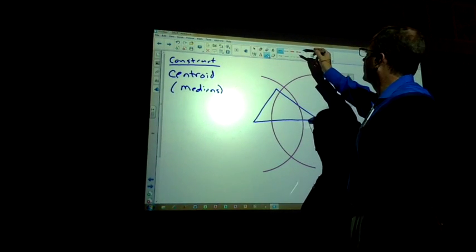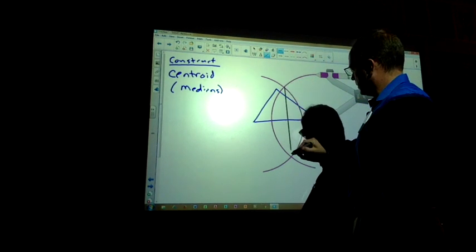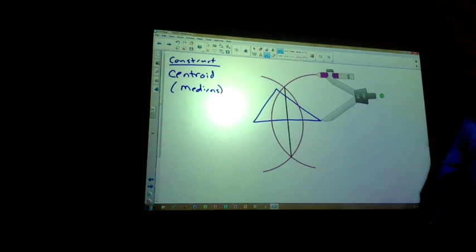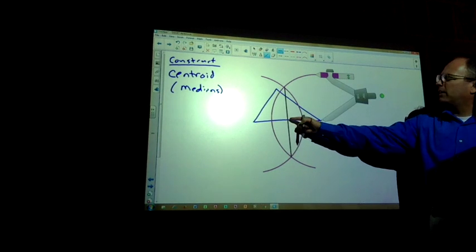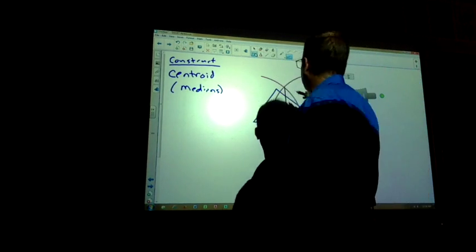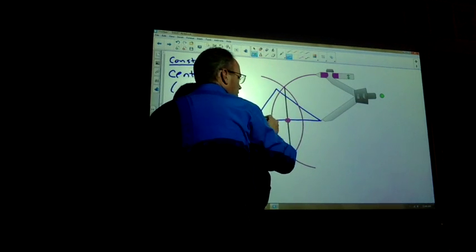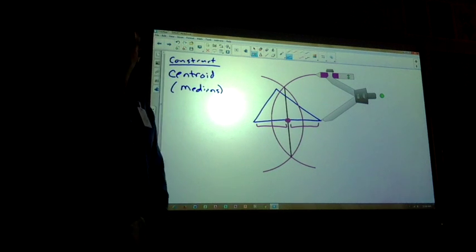Where the line intersects with the triangle, that's where you draw that point, and connect it to the opposite angle. I would probably make this point kind of light, but realize this point right here cuts this segment and this segment into 2 equal parts.